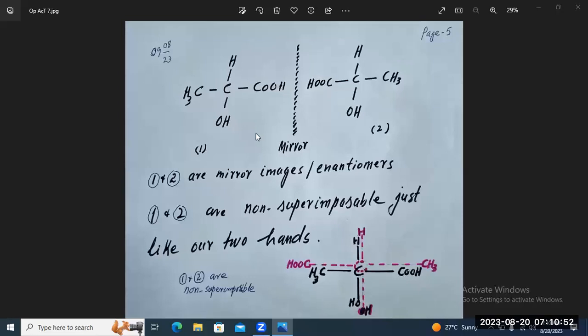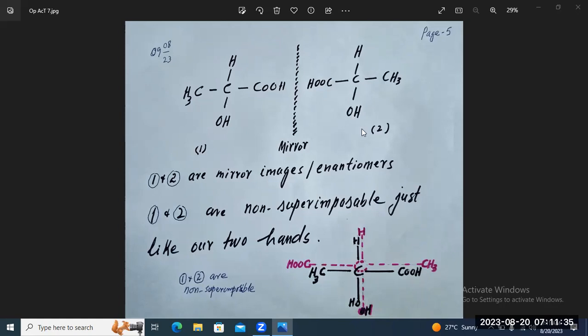Now we come to the mirror images of an optically active molecule. Here you can see one example, the carbon having different groups. If we place the mirror in between, then on the other side, the reflection of this molecule would be this. So this structure number 2 is actually the reflection of this structure number 1, or we can say 1 is the mirror image of 2.